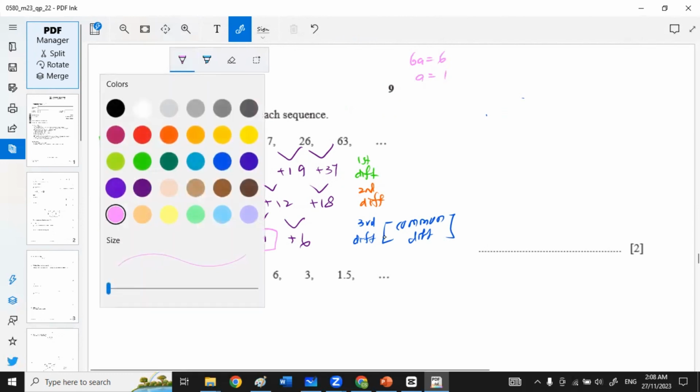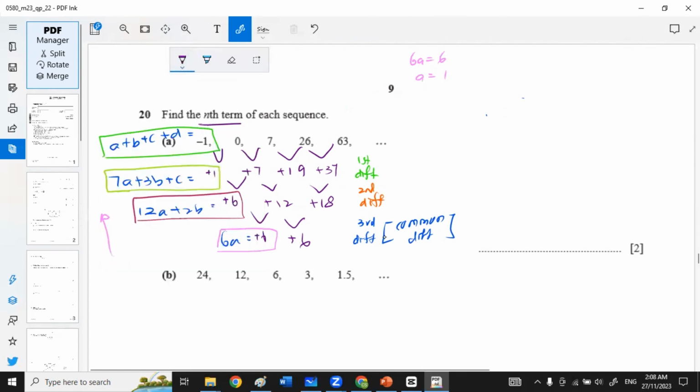Then the second equation, we have 12a plus 2b equal to 6. So substitute the a: 12 plus 2b equal to 6. 2b equal to 6 minus 12. So 2b equal to minus 6, b equal to minus 3.